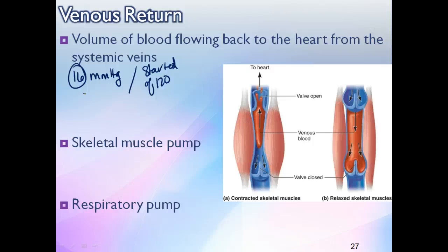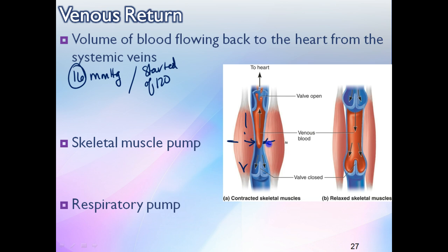In this case, we have two primary mechanisms. We have skeletal muscle pumping and respiratory pumping. In the case of skeletal muscle pumping, your veins are strategically placed between muscle groups. So every time a muscle group contracts, this belly shortens and gets wider.